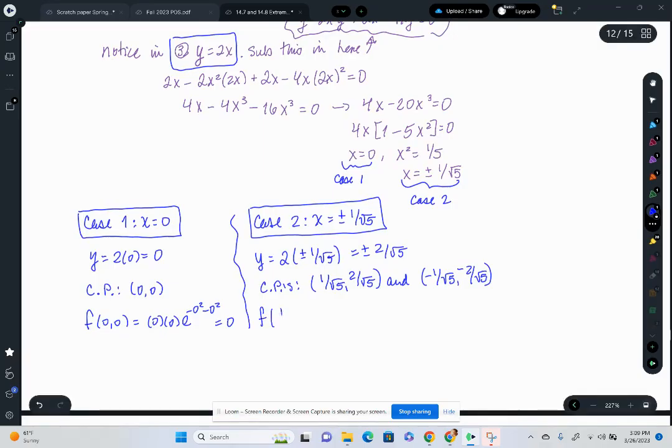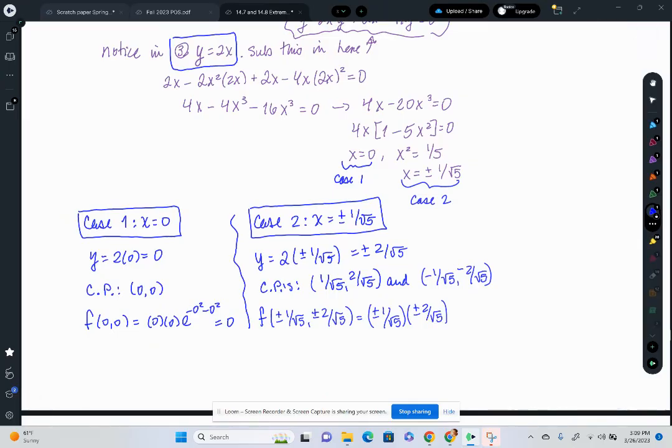F of 1 over root 5, honestly, we're going to get the same thing either way. F of plus or minus 1 over root 5 with plus or minus 2 over root 5 is going to give us x times y. Whether it's positives or negatives, the signs are always the same. So when I multiply x times y and they both have the same sign, it's always going to give me a positive.